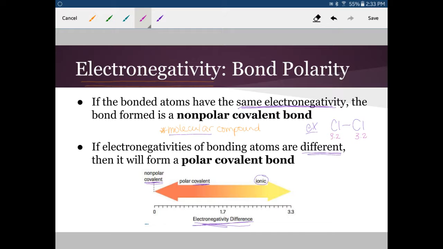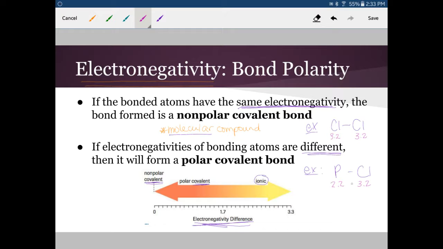They're both pulling electrons equally. Where if we look at something like PCl, let's take a look at an example down here of phosphorus and chlorine. Phosphorus has an electronegativity of 2.2, and chlorine has an electronegativity of 3.2.